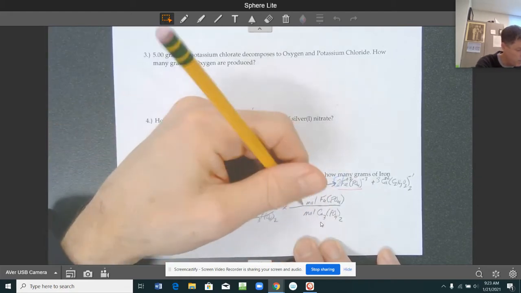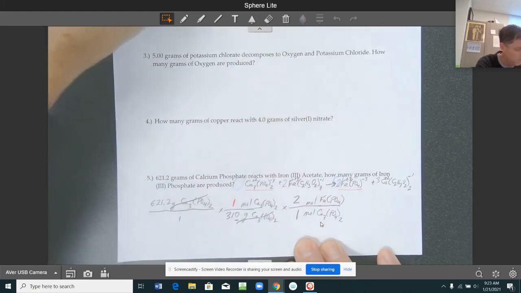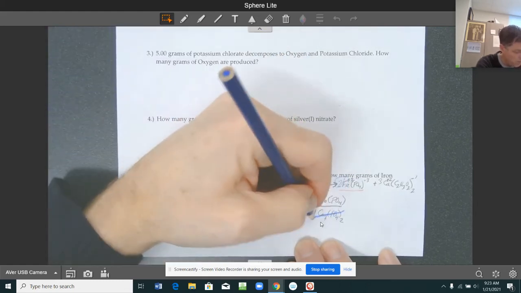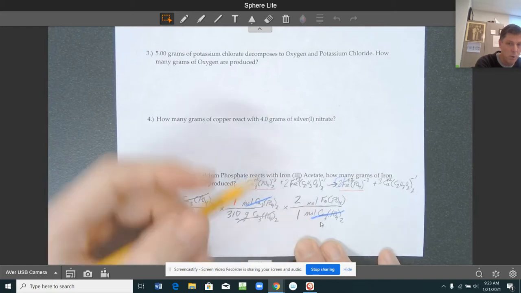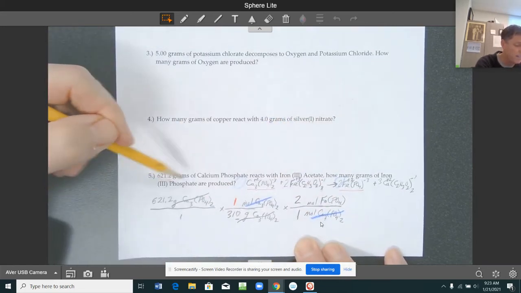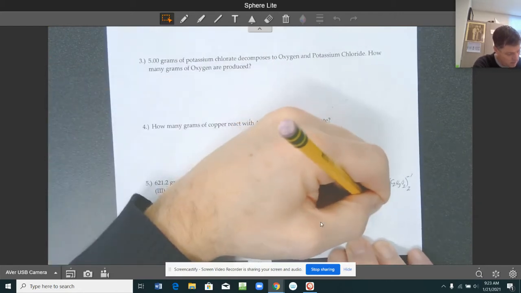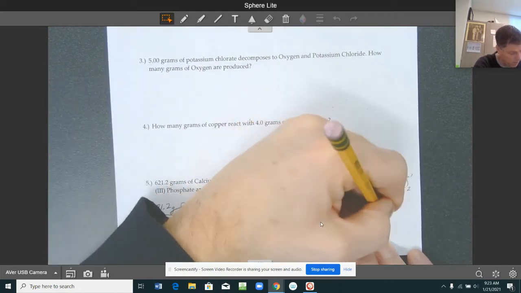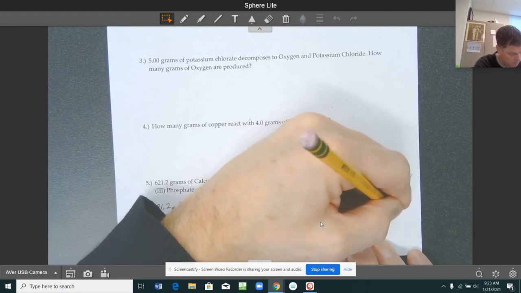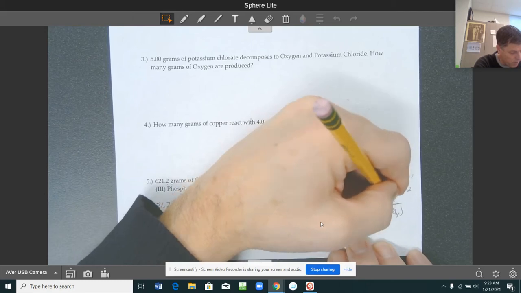You're going to make 2 of these. Dimensional analysis. Now I'm in moles of FePO4. I need to get to grams. Well, last step. I've got moles. Got to get rid of it on the bottom. And then going to go to grams.